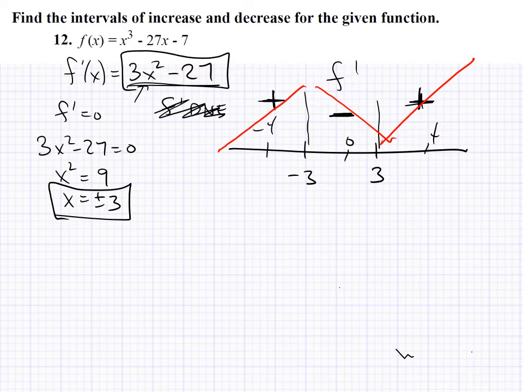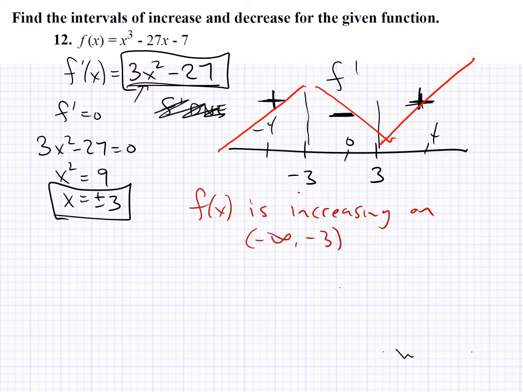So I'll write this as f of x is increasing on the interval from negative infinity to negative 3. I could also write that another way, which is when x is less than negative 3. Okay.